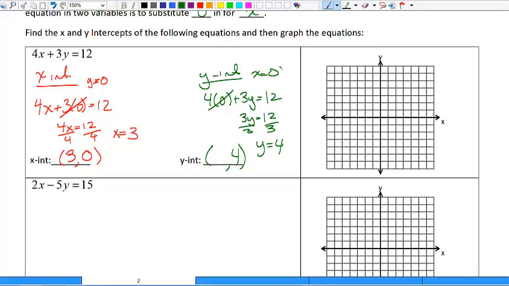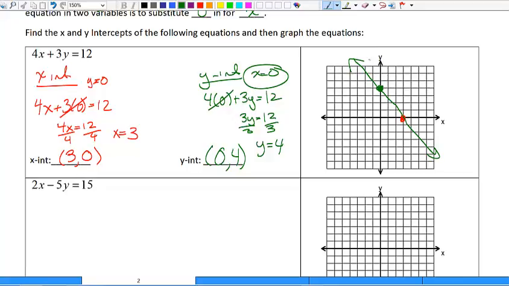Who goes for the x-coordinate? Well, 0. We're the one that plugged in 0 there. So for my x-intercepts, if I plot 3, 0, notice that does indeed end up on the x-axis, and 0, positive 4 does indeed end up on the y-axis. Then I can connect my line.